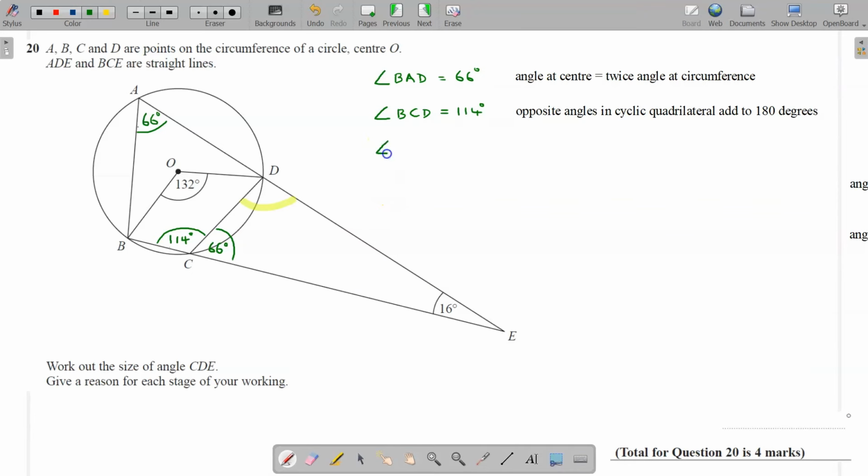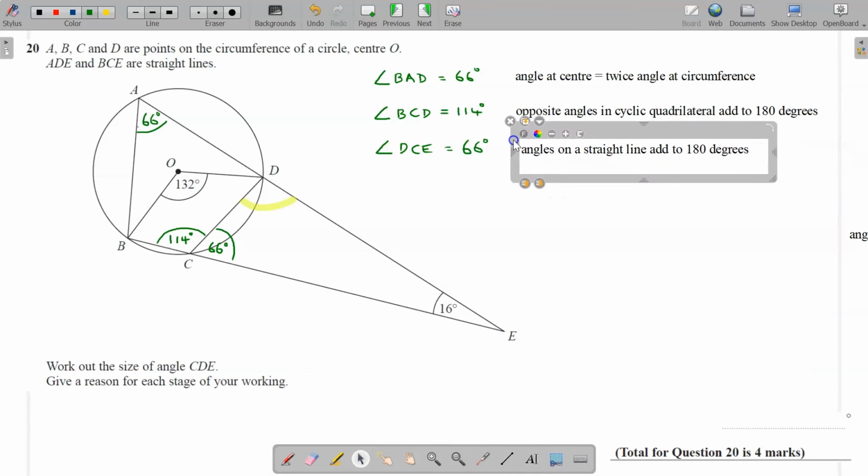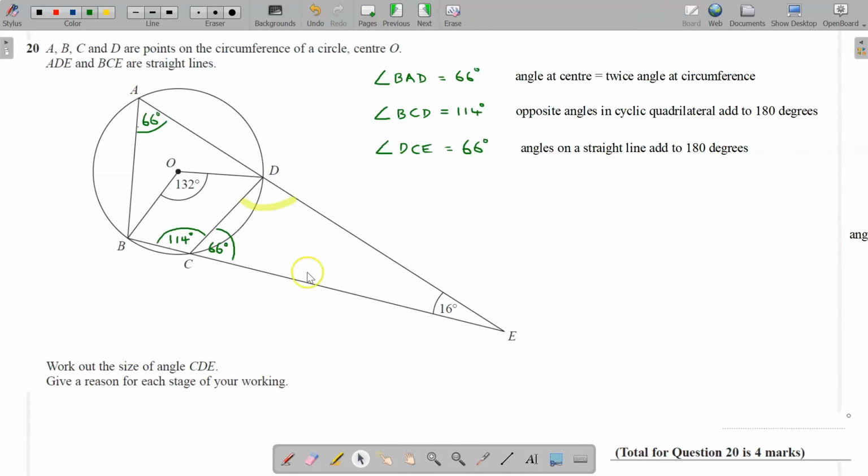Angle DCE is equal to 66, and the reason for that is because angles on a straight line add to 180. Now, that's the third point, and the final point to get all the marks would be to find the unknown angle here, which is going to be 180 minus 66 minus 16, because they're in a triangle, you see.